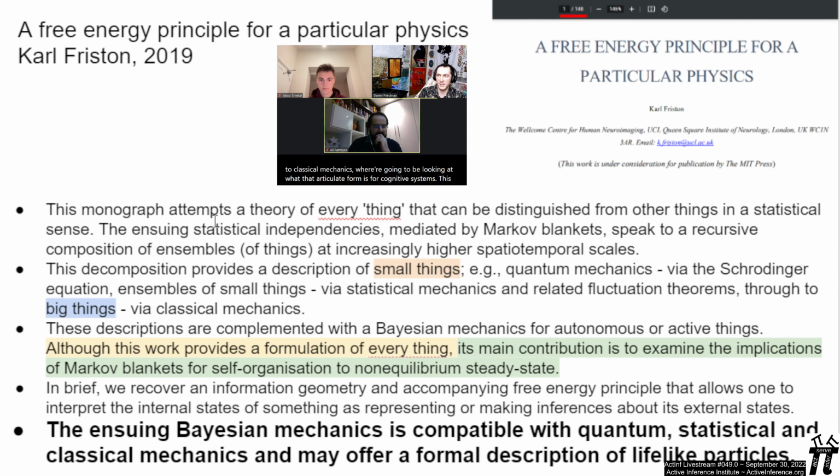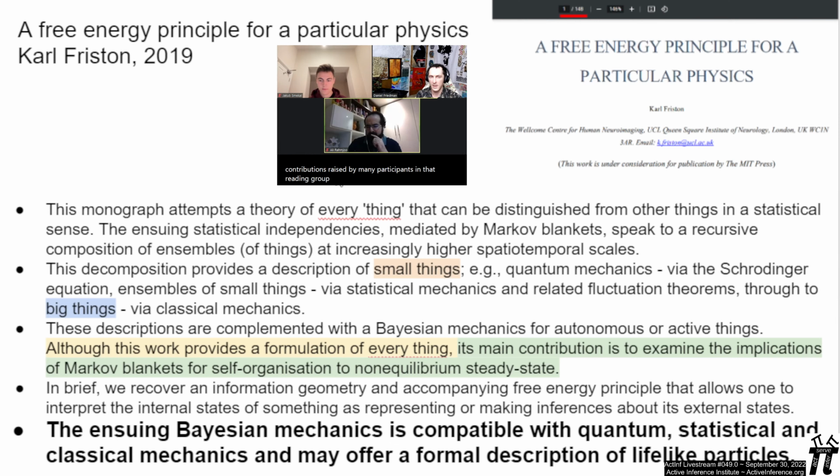This was an extremely important work conceptually as well as socially. Maxwell Ramstead facilitated and organized a really amazing discussion group over many months, working with a lot of people to go through chapters and surfacing a lot of important dots that could be connected, technical contributions raised by many participants in that reading group.